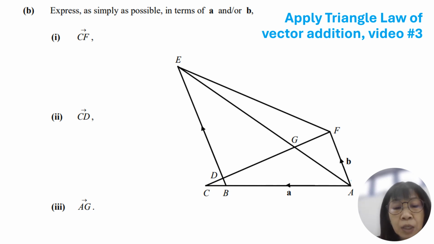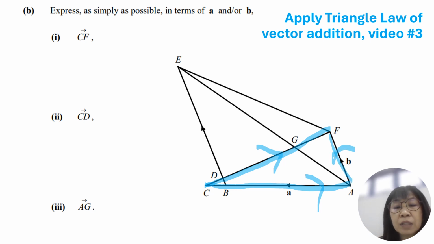So let's begin. If we take a look at the first part, they ask you to find CF. CF, starting from C, will end with F. So CF is the same as CA plus AF.